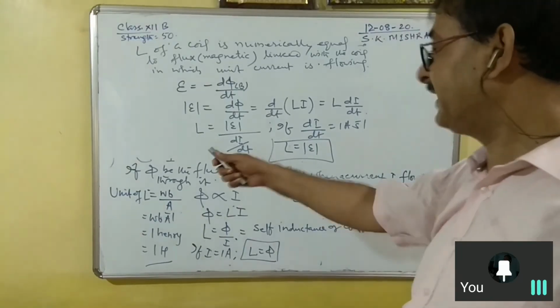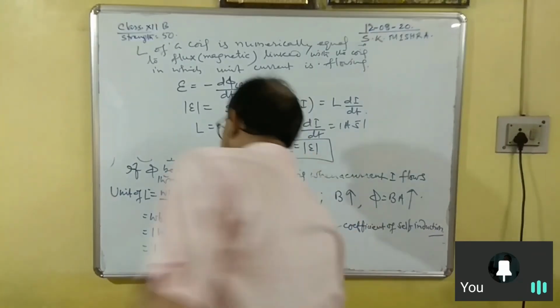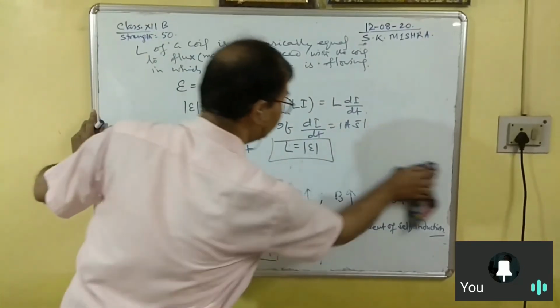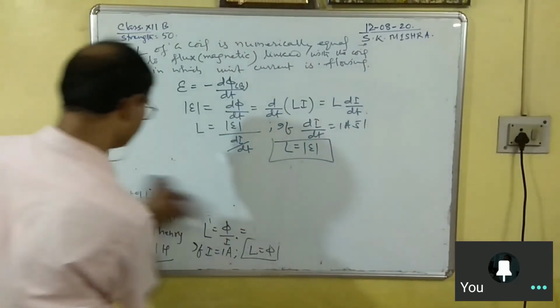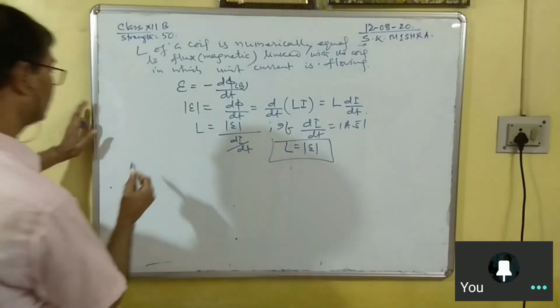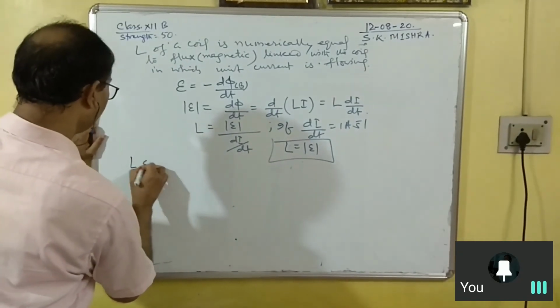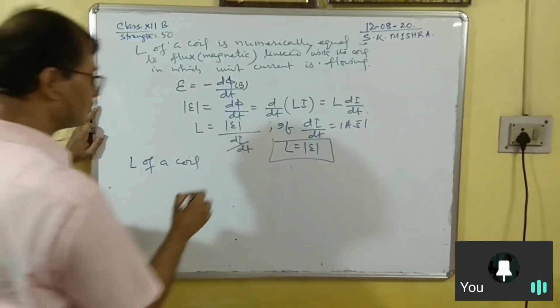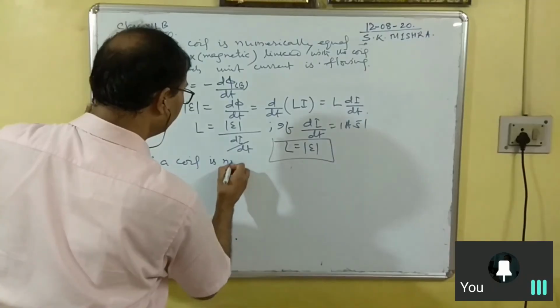So let me write another definition based on the mathematical definition. Again we are writing the definition. L of a coil, L meaning self-inductance of a coil, is again numerically, why numerically?